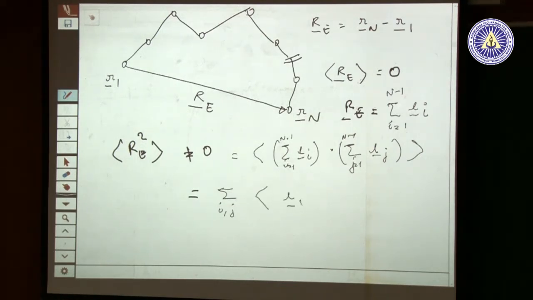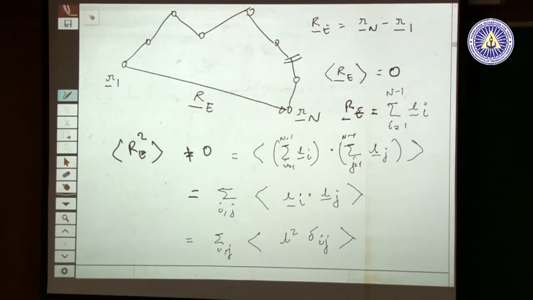Li dotted with Lj, average. And so now we saw that this is nothing but L squared times delta ij, right.